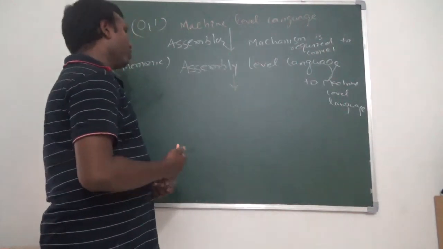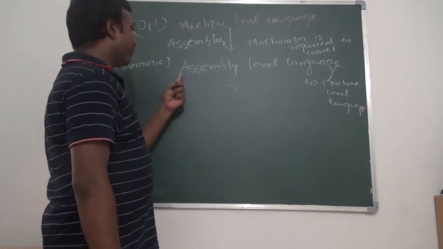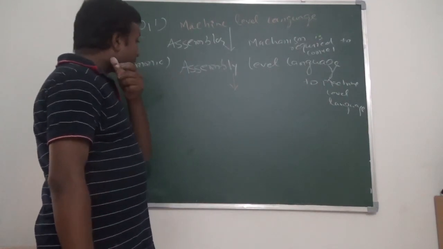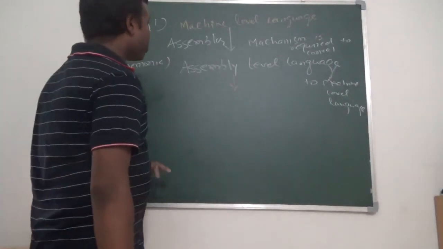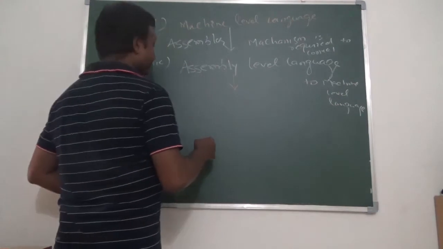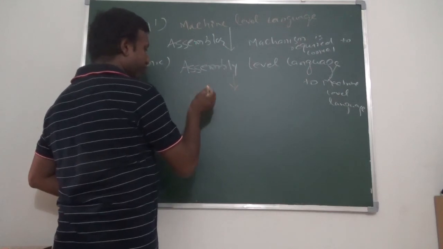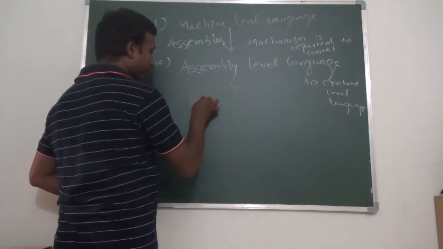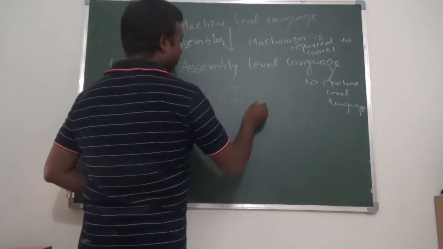So what is the solution? We should avoid assembly level language if we are writing a very large or large scale software. So what we require is another kind of language, which is basically called high level language.